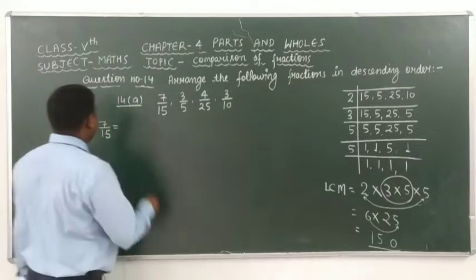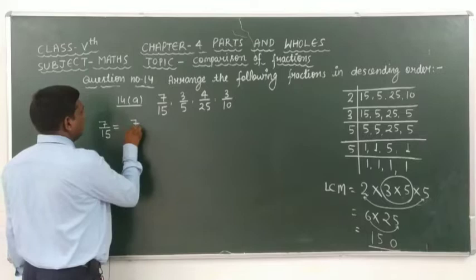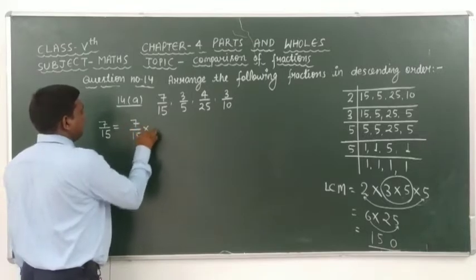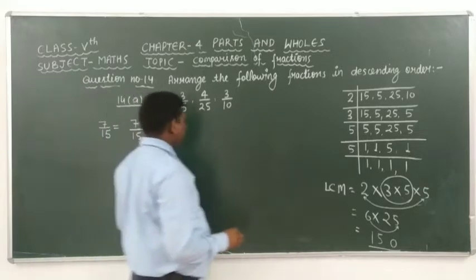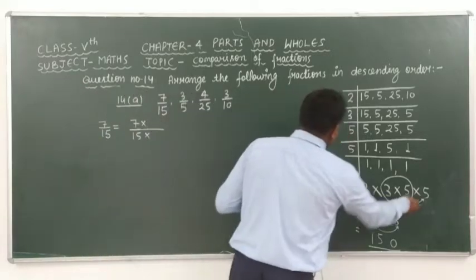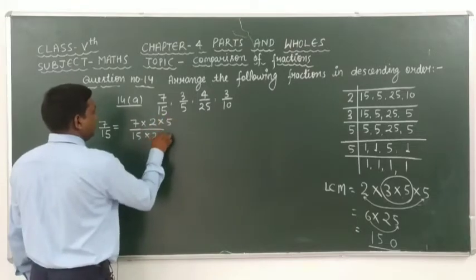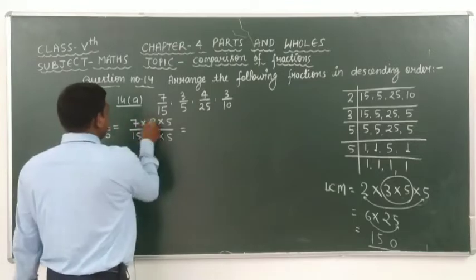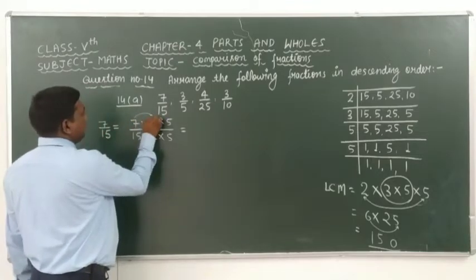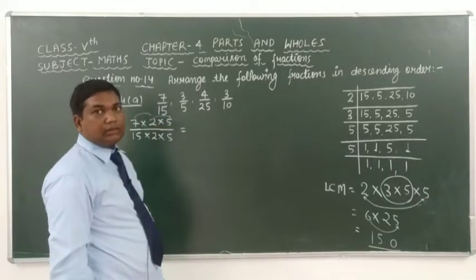Here we can write 7 over 15, and multiply the numerator and denominator by 2 into 5.